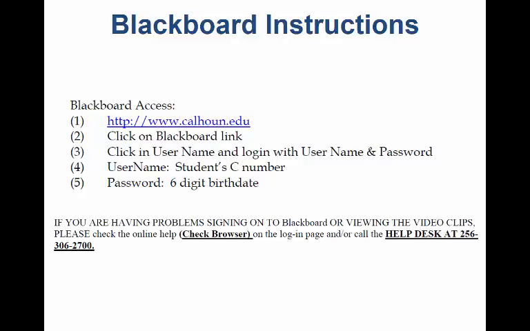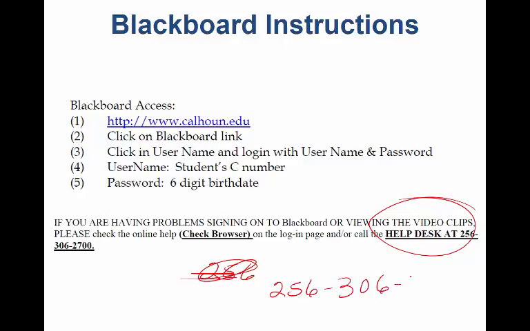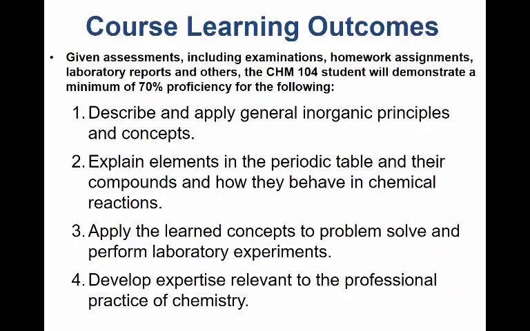If you have trouble, especially with the video clips, check out the browser on the login page, or here's the help desk number. It's kind of hard to read there, but my pen's been acting crazy. 256-306-2700. That's the help desk. Those guys and gals are there to help you.